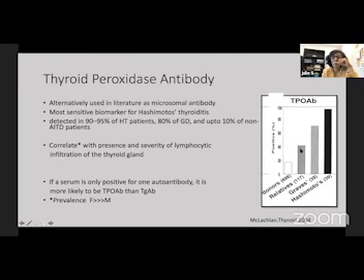In them, the prevalence of antiperoxidase antibodies is also quite high when compared to healthy blood donors, in whom the prevalence of peroxidase titers is much, much lower.